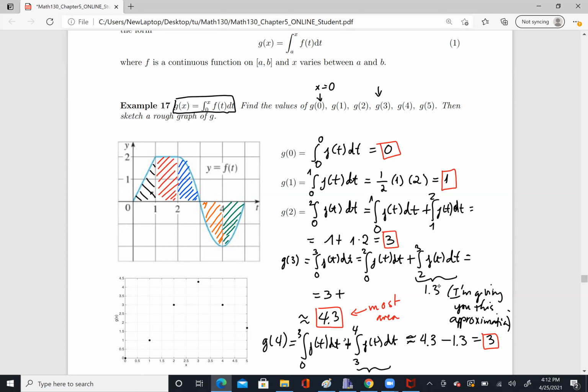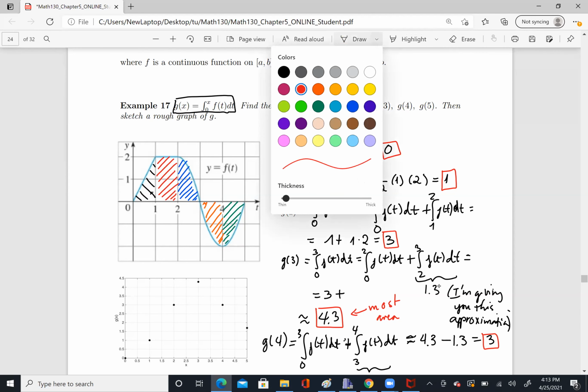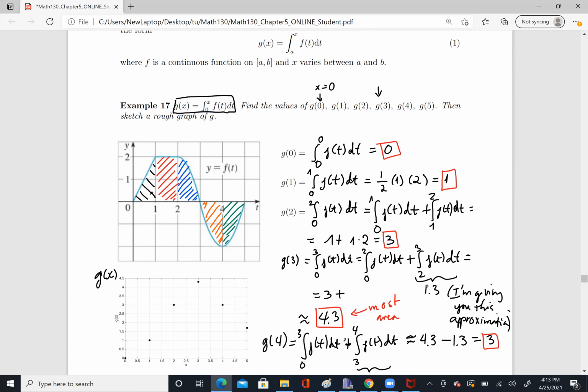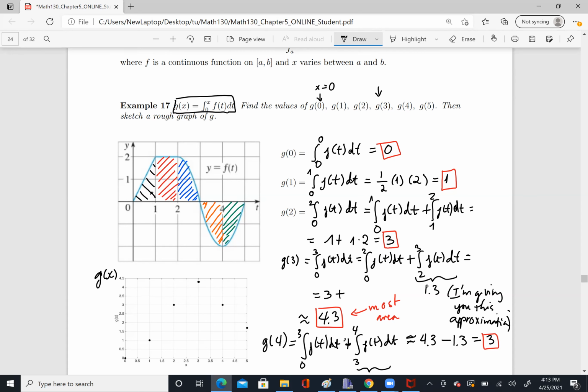So if you have 4.3 is the most area, we also give you that ft is the cosine graph, and that will give you, let's use a color, g of x over here, the graph over here. We have the highest 4.3 value here.